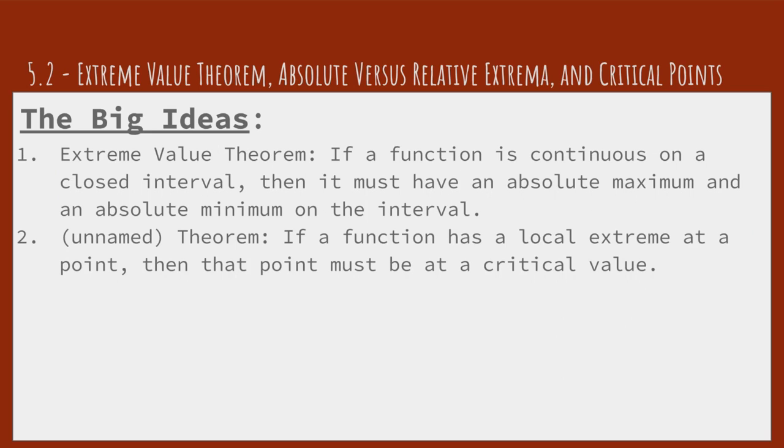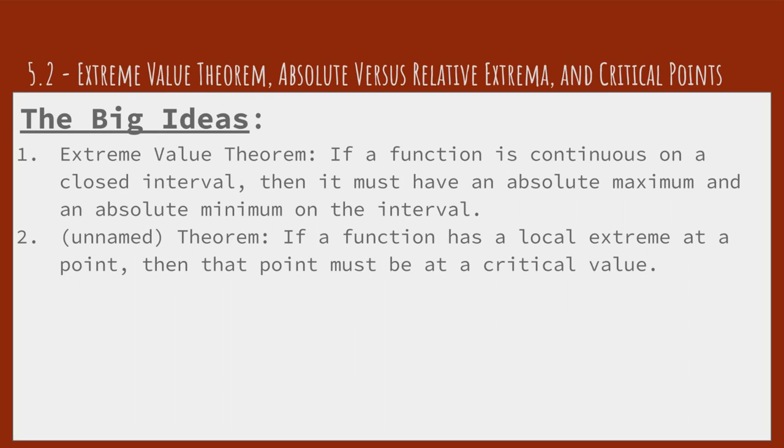Okay, so the big ideas here. One, the extreme value theorem. If a function is continuous on a closed interval, then it must have an absolute maximum and an absolute minimum on the interval. And then second, this unnamed theorem. If a function has a local extreme at a point, then that point must be a critical value. You might think that these two look like they could be connected, and they are.